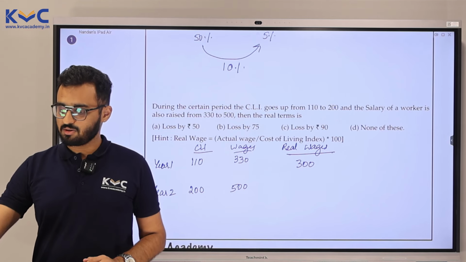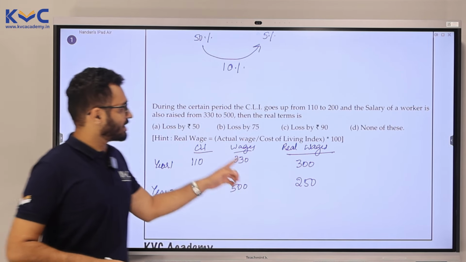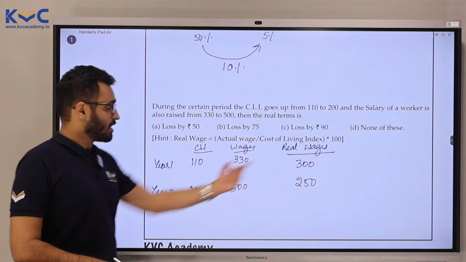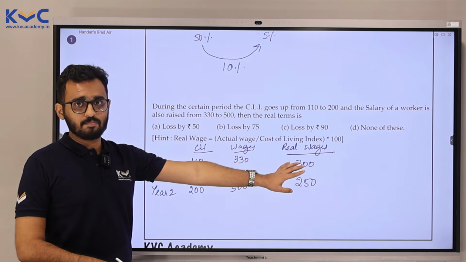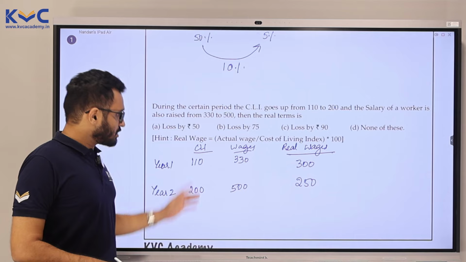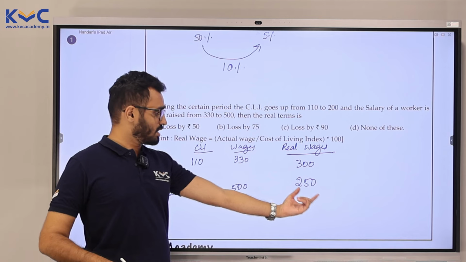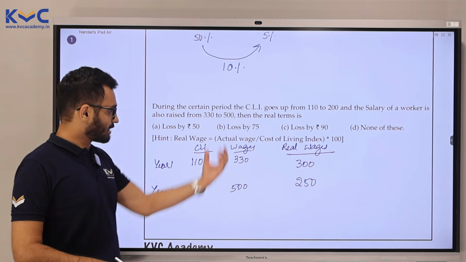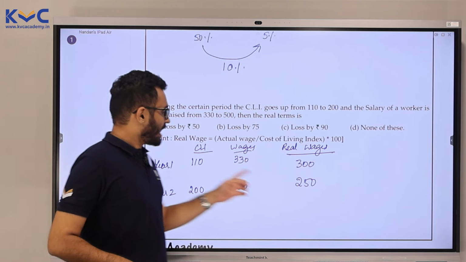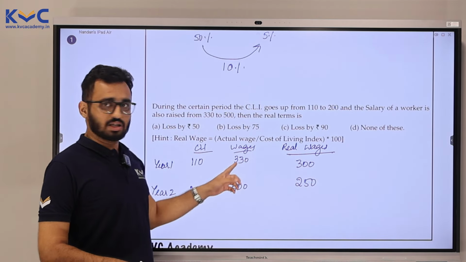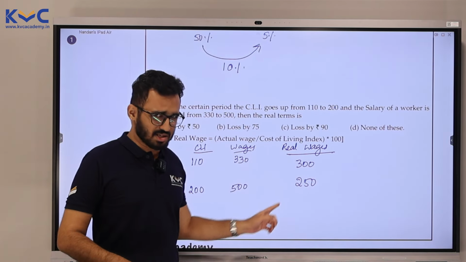That means when CLI was 110, if you were getting a wage of 330, removing the inflation effect, your actual wage was 300. Correct? When your CLI is 200, if you are getting 500, that means in real terms you're only getting 250. Are you getting the comparison? Right? That means ideally when 110 was 330, that means into 3, 200 into 3, you should have got 600, correct?